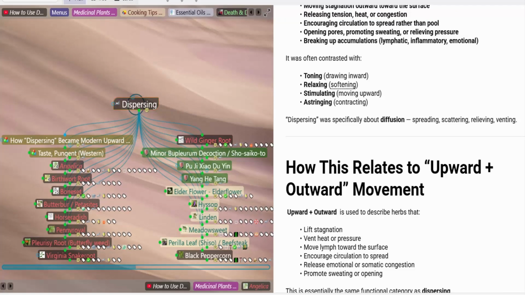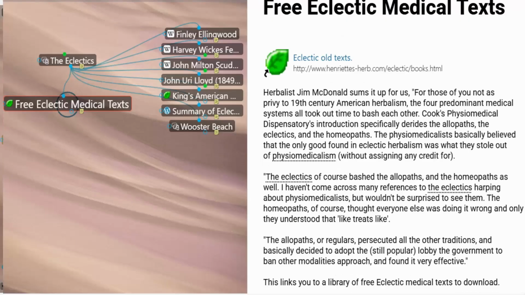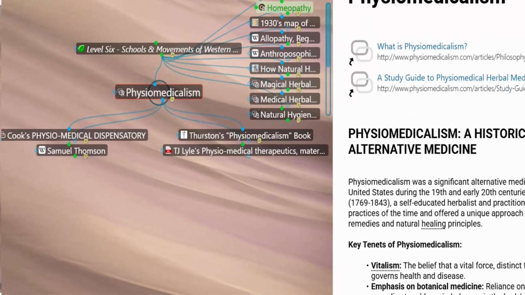The eclectic and physiomedical physicians of the 1800s wrote invaluable herbal Materia Medica, which are definitely worth reading, and they are located here in the Herbal Database under the section History of Western Medicine.